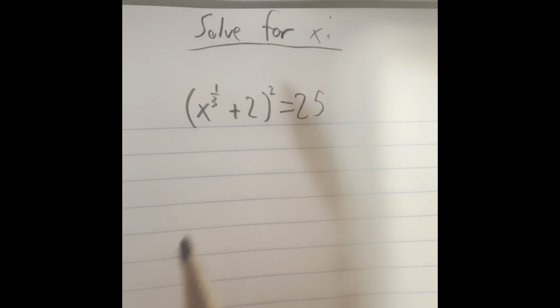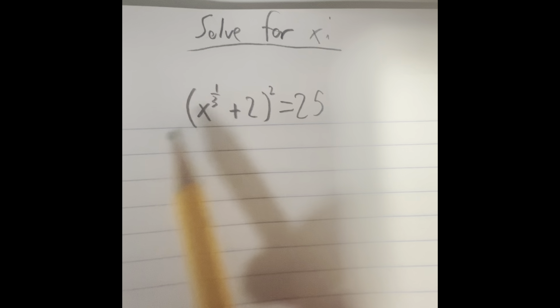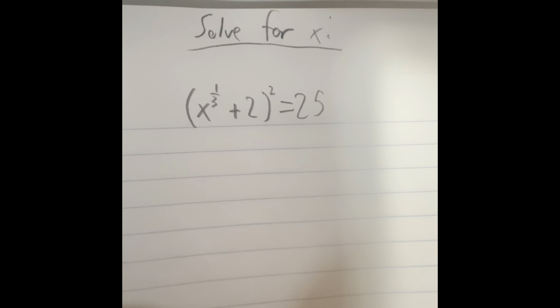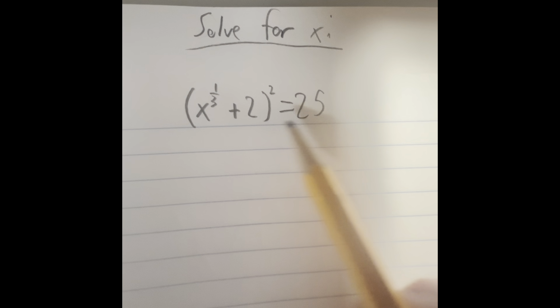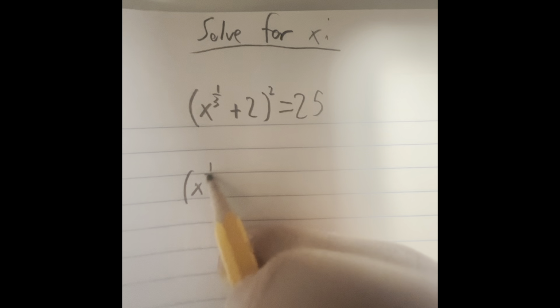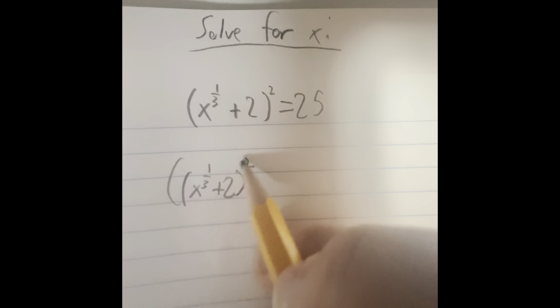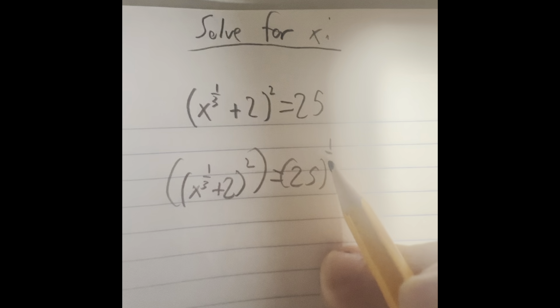Here, we're told to solve for x in x to the 1/3 plus 2 squared is equal to 25. So what we can do here is put both sides to the power of 1/2.